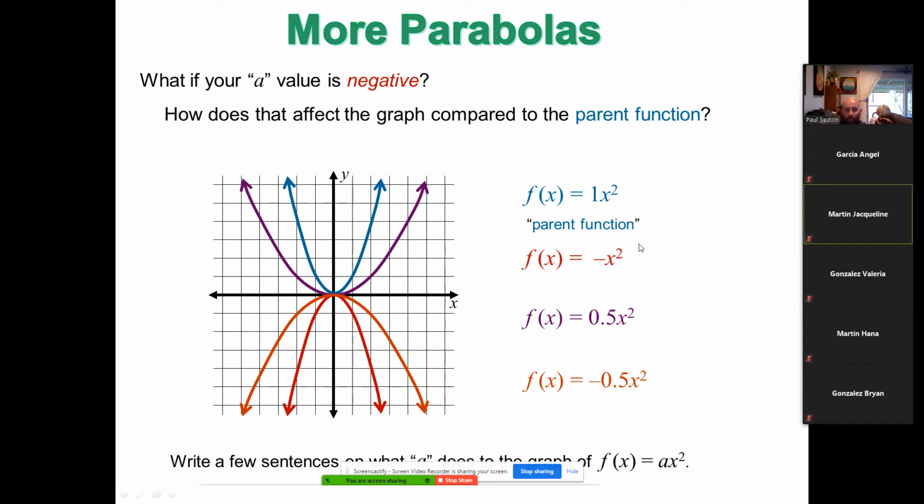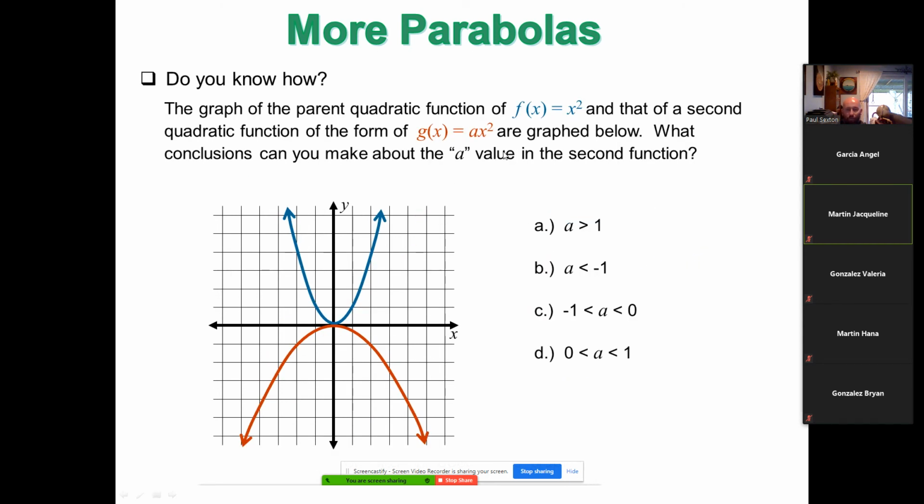All right. So then let's look at some questions regarding this a value. Basically we have this parent function. It's graphed and color coordinated in blue. And then we have a second quadratic function, and we're naming it g because you can't have the same letter, and since this is f, we have to name this something else. So we name it g.